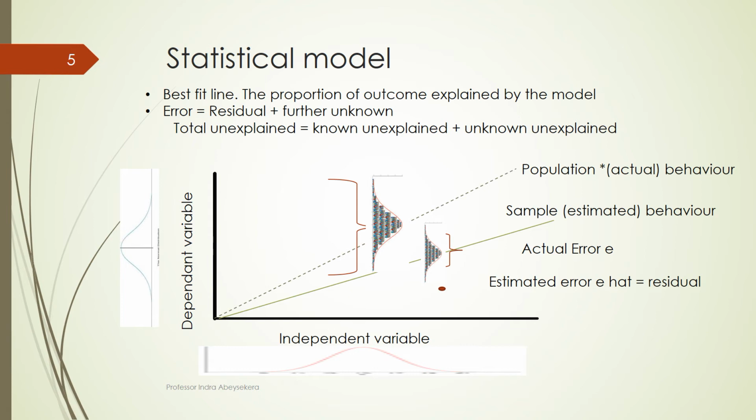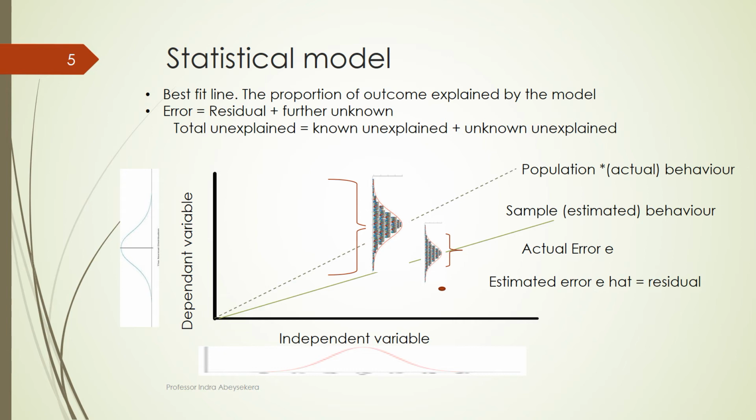But if we draw a line between the actual outcome and the population best fit line, that distance is called the error.